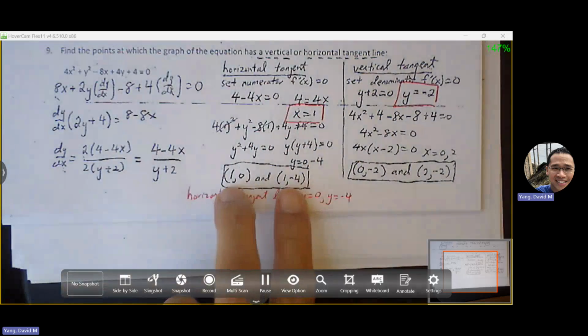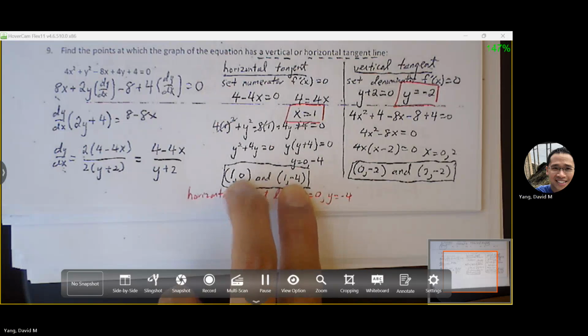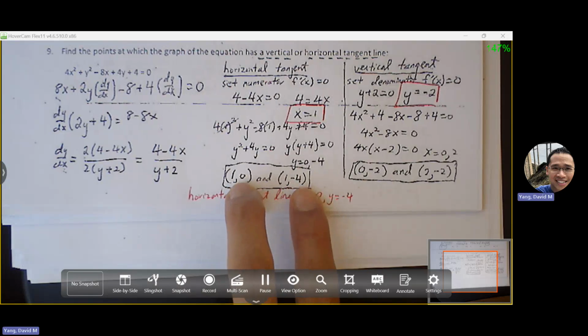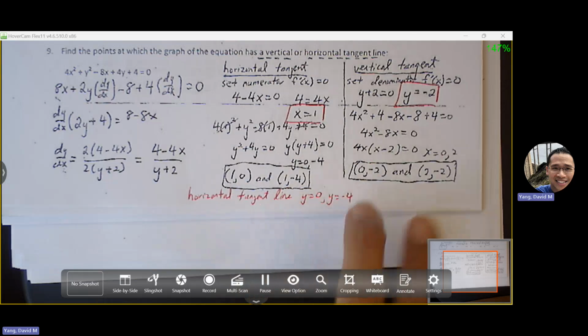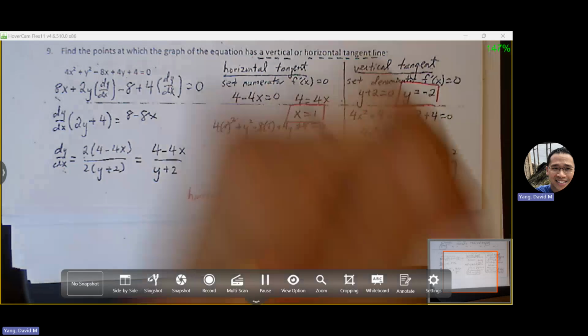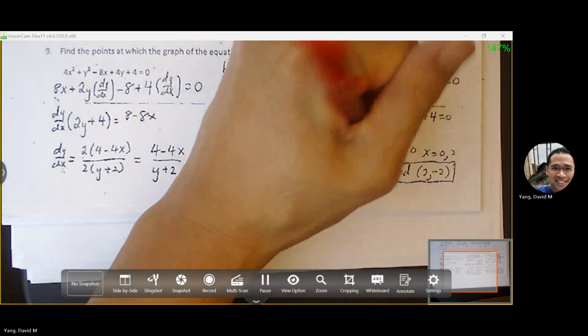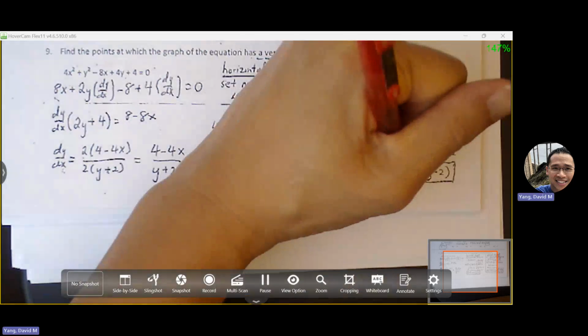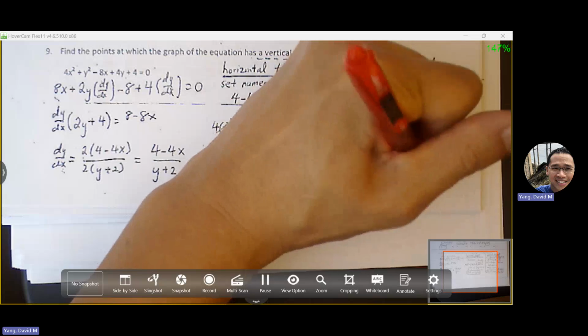Those will be the horizontal lines that skim the surface of the curve and have a slope of 0. If I want to find vertical tangent lines, then I want to create vertical lines that go through those points. So your lines will be x equals 0 and x equals 2.